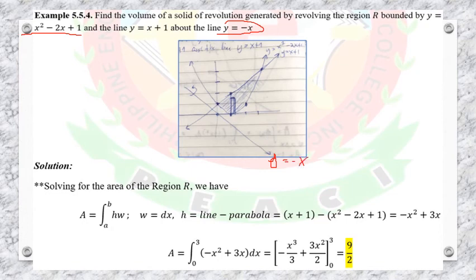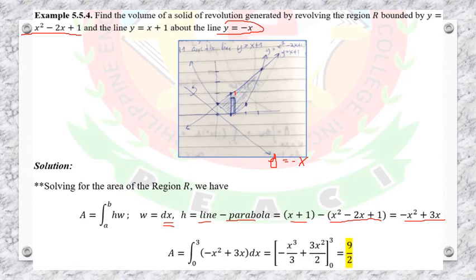So, solving for the area of the region R, we have the integral of HW evaluated from a to b. Since our rectangle, class, is perpendicular to the x-axis, the width of our rectangle is dx, or delta x. And the height of our rectangle is the line minus the parabola. The given line is x plus 1 minus our parabola x squared minus 2x plus 1, which gives negative x squared plus 3. Okay, x plus 1 minus x squared plus 2x minus 1.